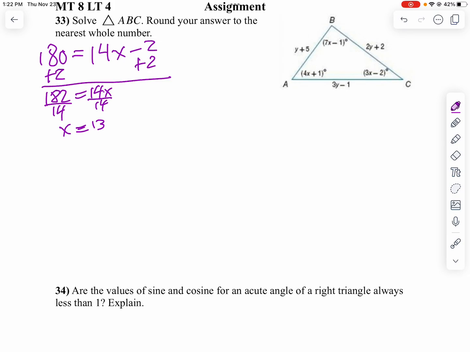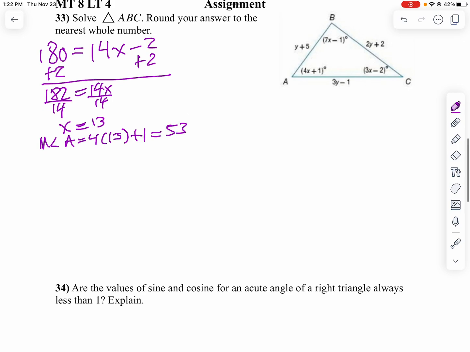Now that means the measure of angle A is going to be 4 times 13 plus 1. Well, 4 times 13 is 52, so plus 1 gives me 53. And then the measure of angle B would be 7 times 13 minus 1.